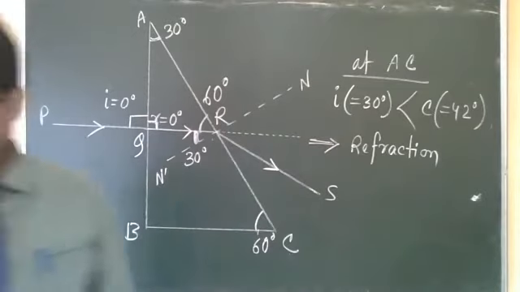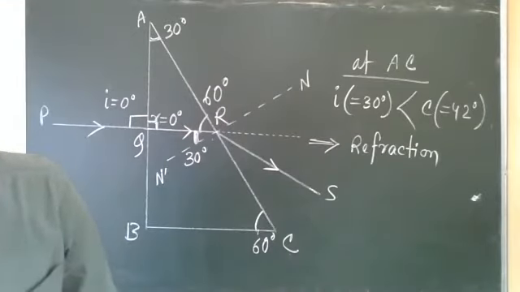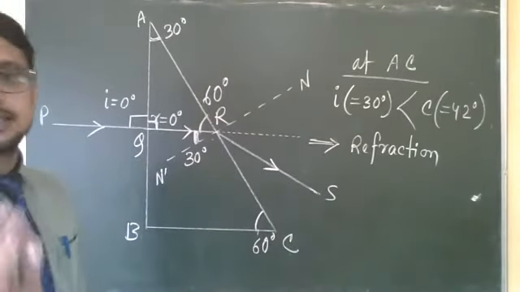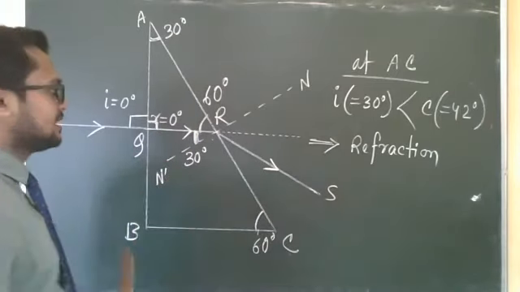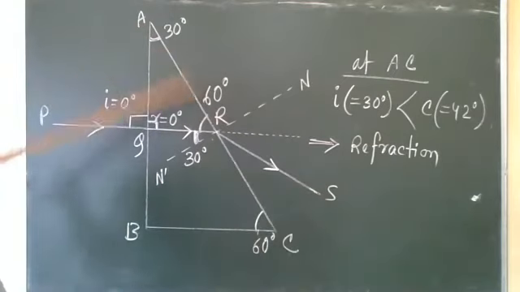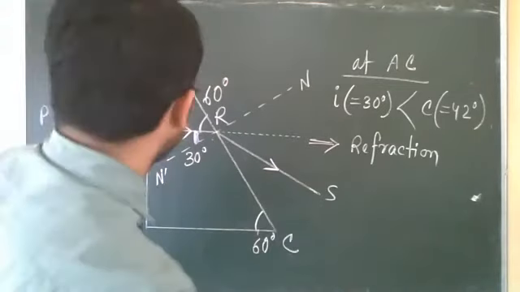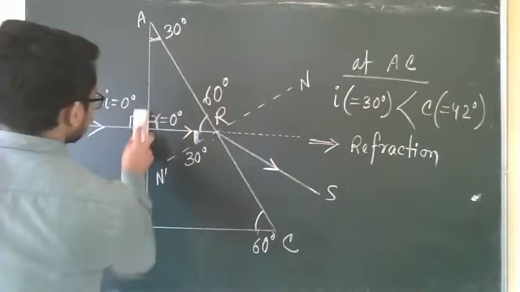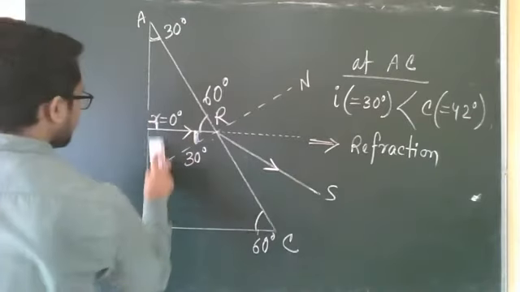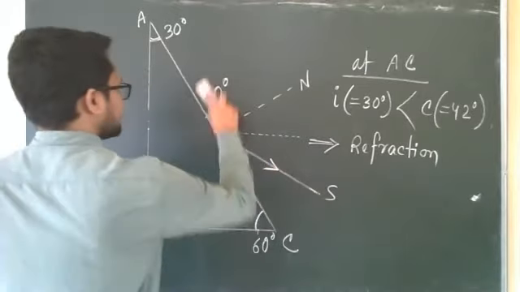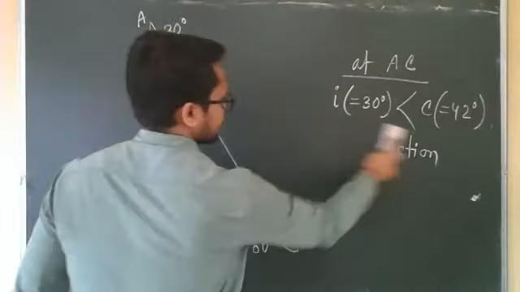Come to the next ray diagram. Again the same prism, but in this case the incident ray will be incident at surface AC normal. So I'm erasing this portion and keeping the prism as it is.